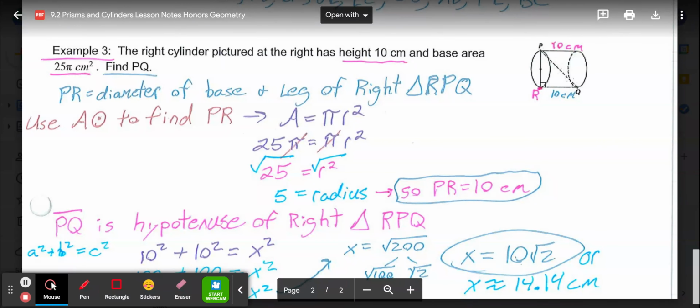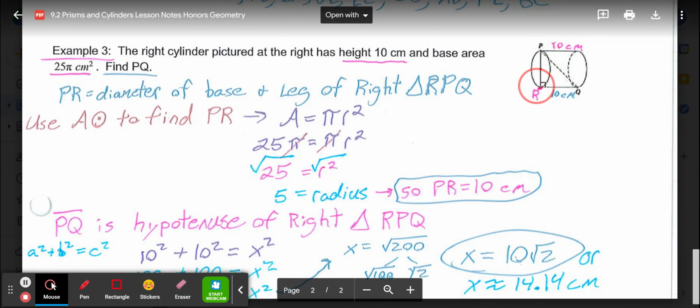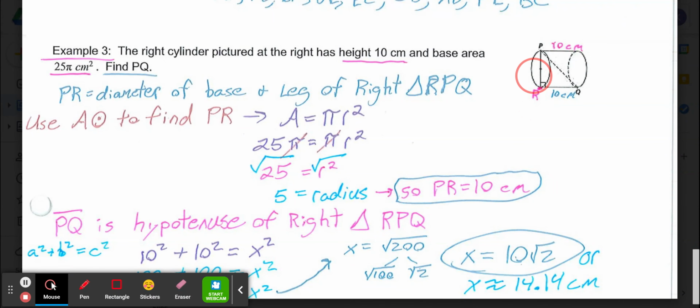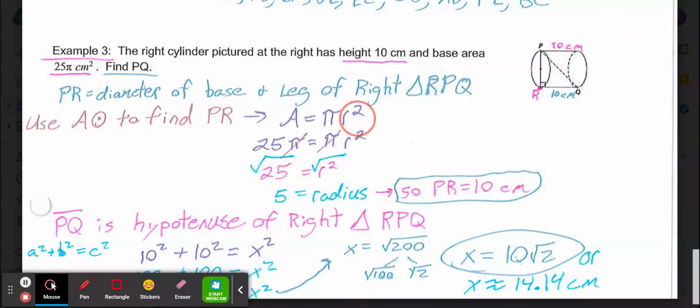So how do we do this? Well, right away we know segment, if I would label this from P to this point on the circle, I'm just going to label it R. So segment PR here would be the diameter of the circle, but it's also the leg of the right triangle PRQ. So we're going to use the area of a circle to figure out this distance PR. First, I know area of a circle is pi times the radius squared.